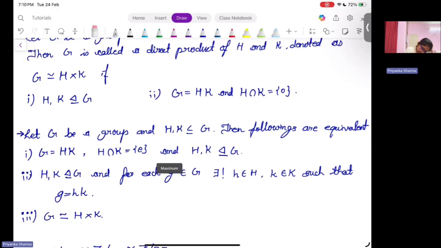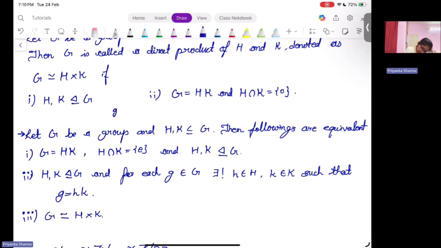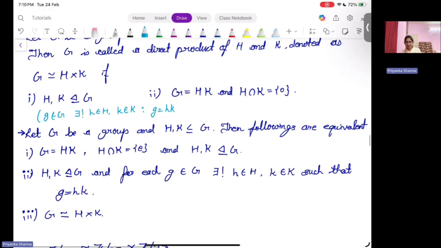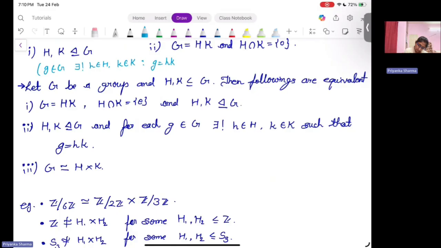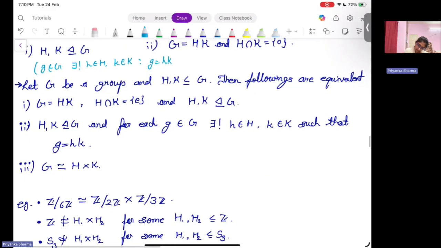So it says that whenever we have an element g belonging to G, there exist unique elements h belonging to H and k belonging to K such that g is hk, the way we are defining the product for capital H, capital K. If G is a group and H and K are its subgroups, then the following are equivalent.